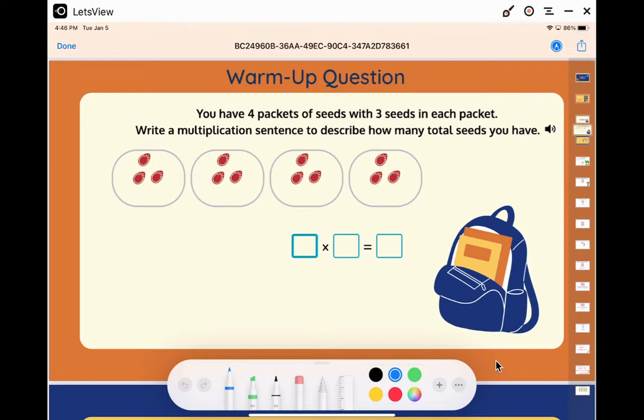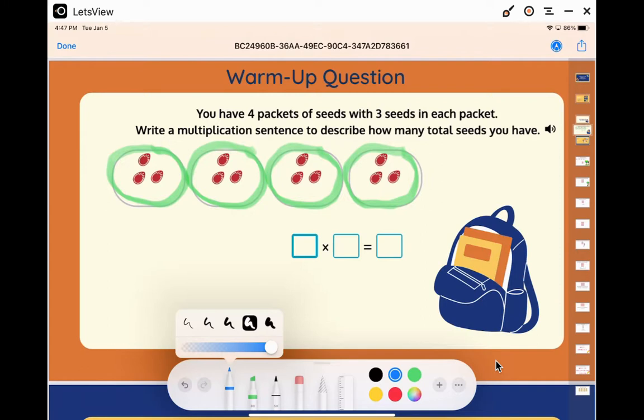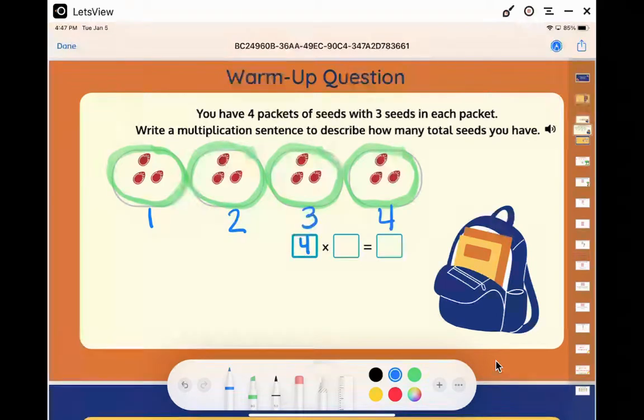All right, well, let's talk about it. Yesterday, we learned that numbers can be placed in equal groups, or items, more specifically, can be placed in equal groups. On this particular problem, we have 1, 2, 3, 4 equal groups. That means that 4 is the first factor in our multiplication sentence.